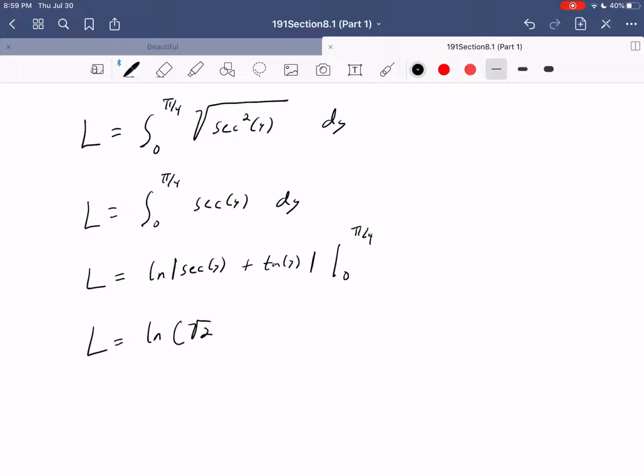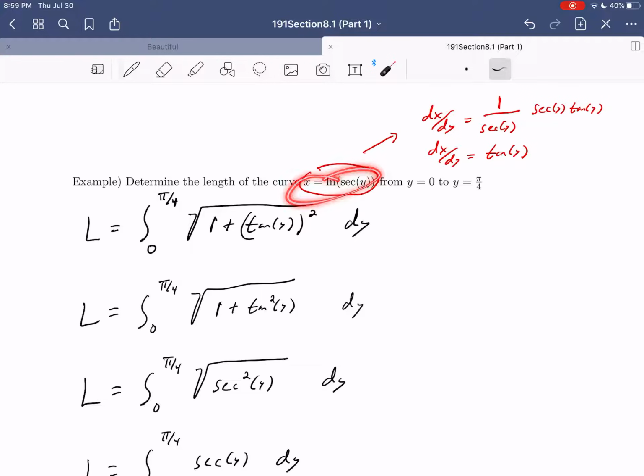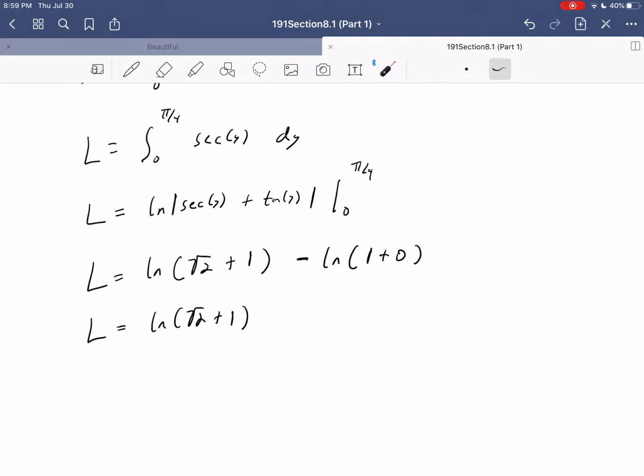So root 2, and tangent of pi over 4 is 1. So ln of root 2 plus 1, minus ln of 1 plus 0, because secant 0 is 1 and tangent 0 is 0. This, of course, is 0. So we get ln of root 2 plus 1. So the length of this curve from here to here is natural log of root 2 plus 1.